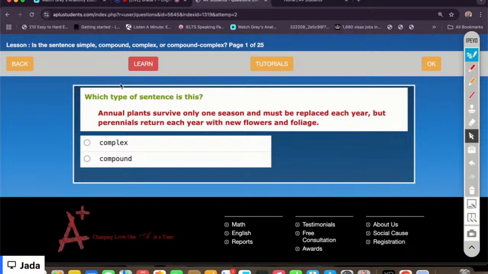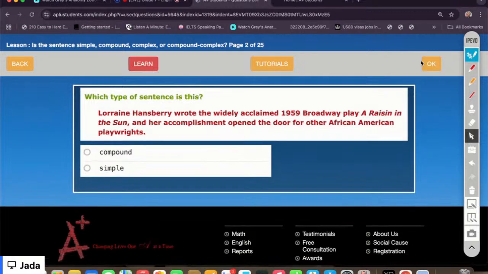So, complex or compound? It has to be compound, because we have "but" here and then we have the comma. Remember that compound sentences are joined with conjunctions.